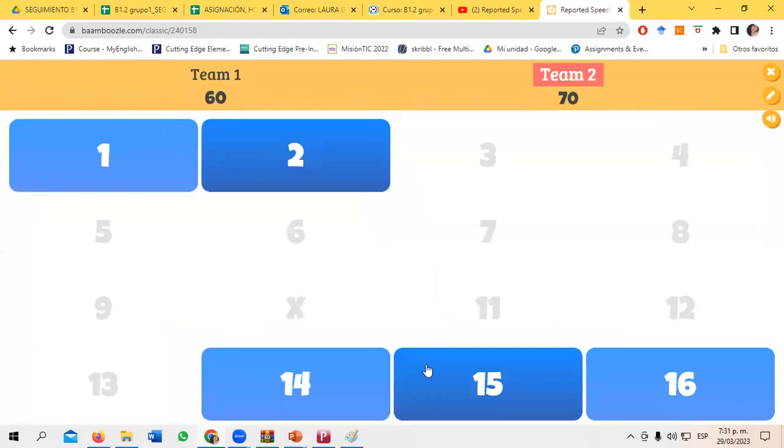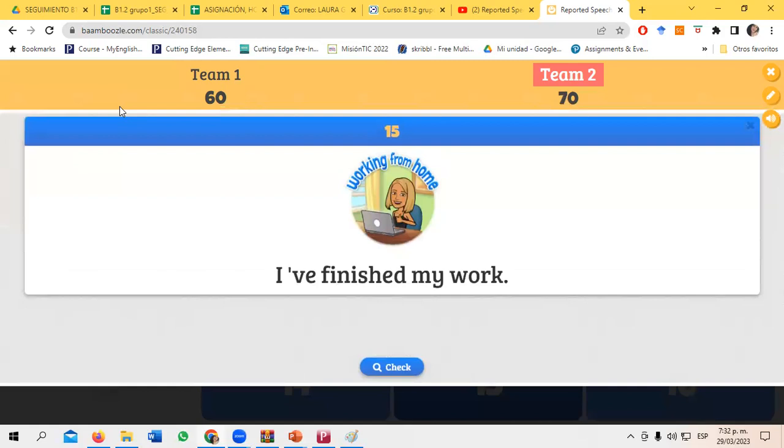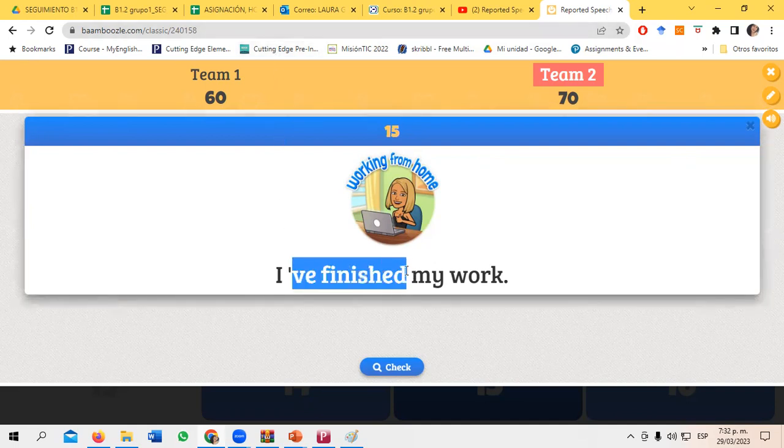Group number 2, maybe. ¿Quién no ha pasado? Andrés Felipe Corredor. Yes, teacher. All right. Tell me, Andrés. Choose a number, please. I choose number 1. Okay. The sentence is, "I have finished my homework." This is present perfect.